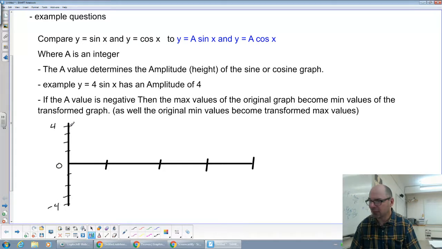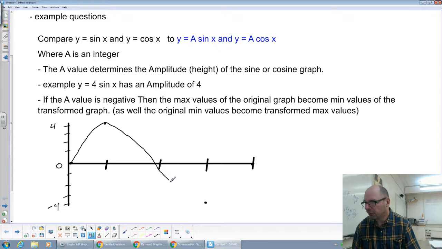So our example 1, put a max there and a min, a 0 there, and a min there.